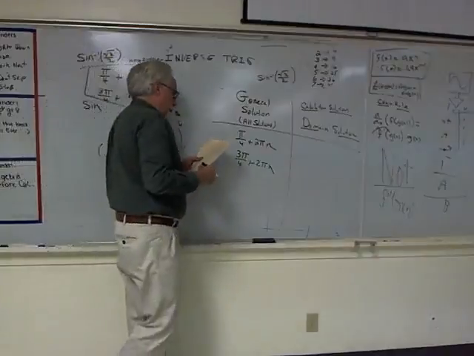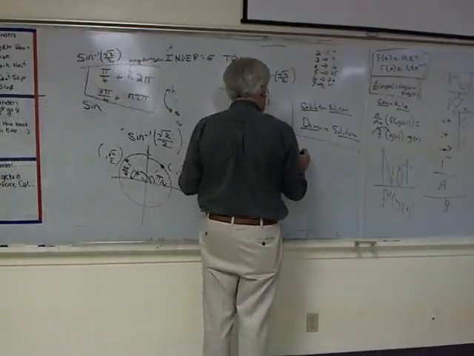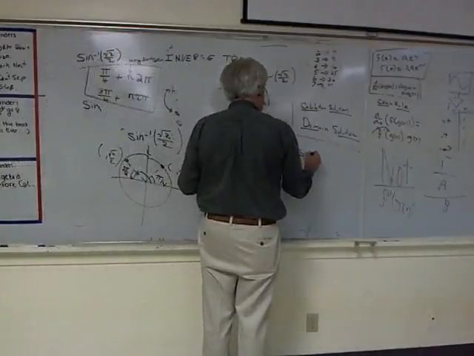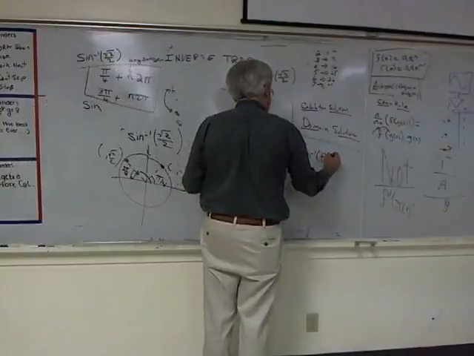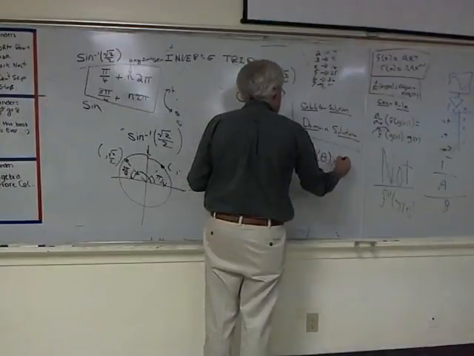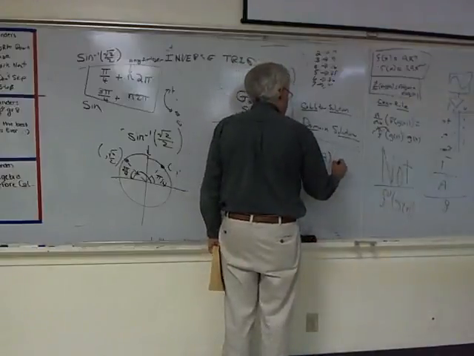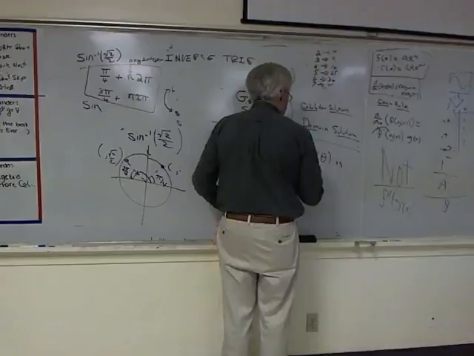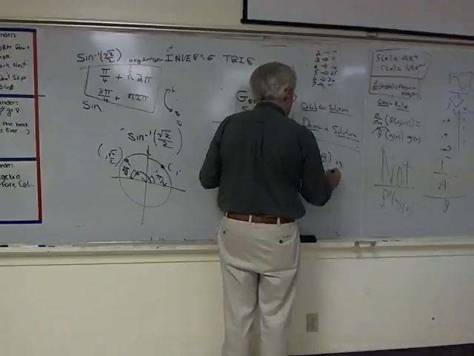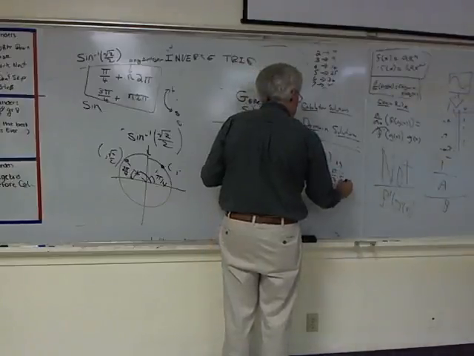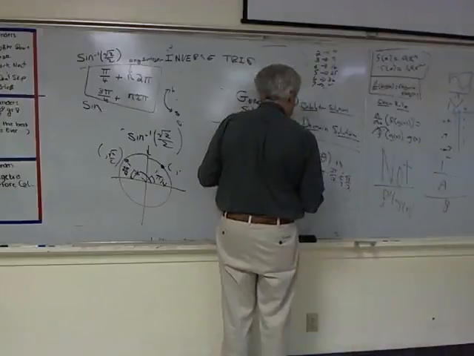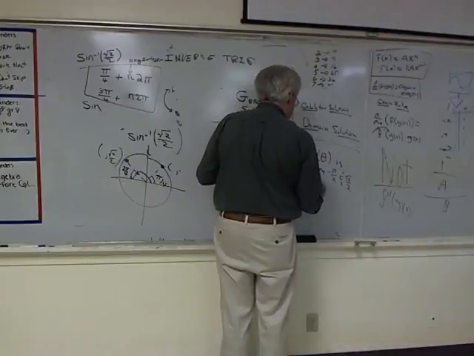So, to answer the question, you guys have to see that you have to do this. This is very important. Sine inverse of the square root of 2 over 2. The solutions are going to be what? The first one is pi over 4 plus every what? 2 pi.